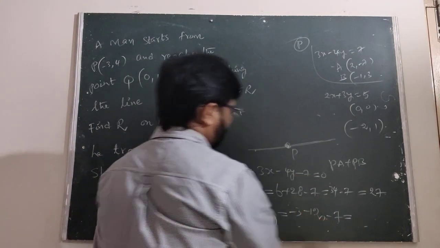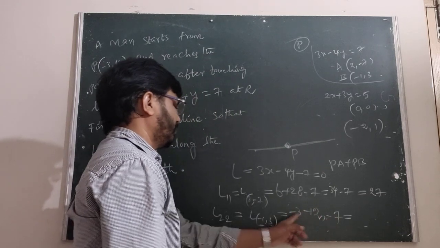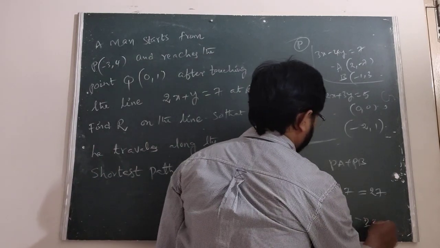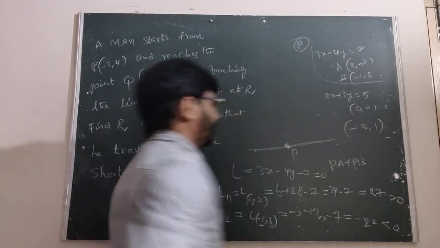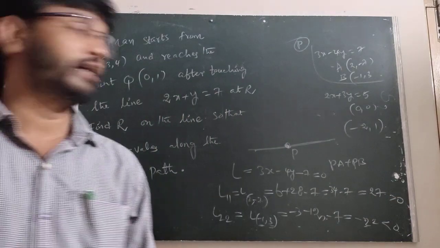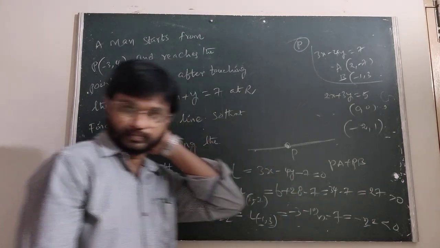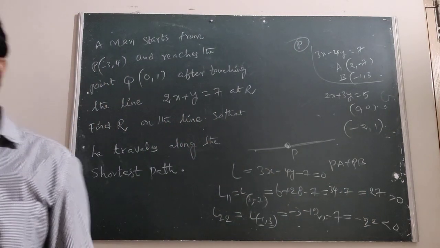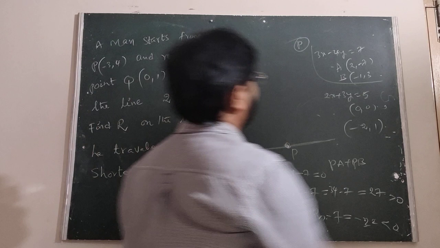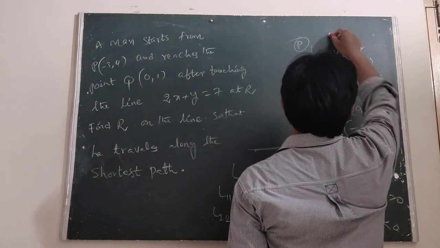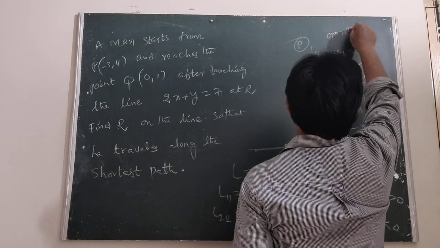This is minus 22. Here this is less than 0, and the other is greater than 0. L11 is positive and L22 is negative. Therefore the points lie on either side, the opposite sides.